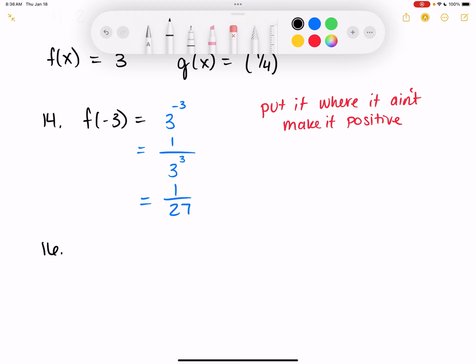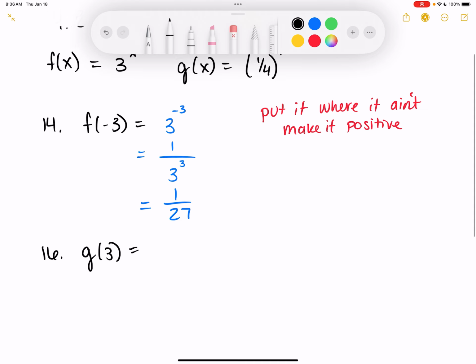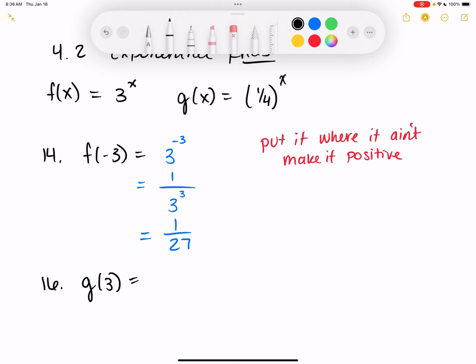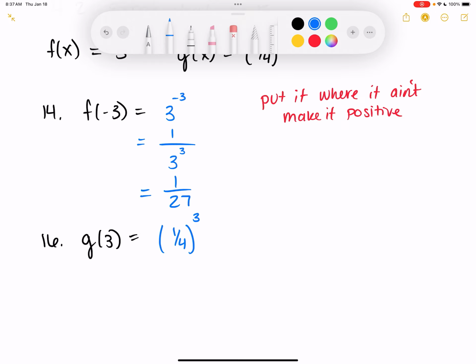16. G of 3. So I'm putting 3 in for x up here. So this is going to be 1/4 raised to the 3. So when I have an exponent on a fraction, that exponent goes to the top of the fraction and the bottom.